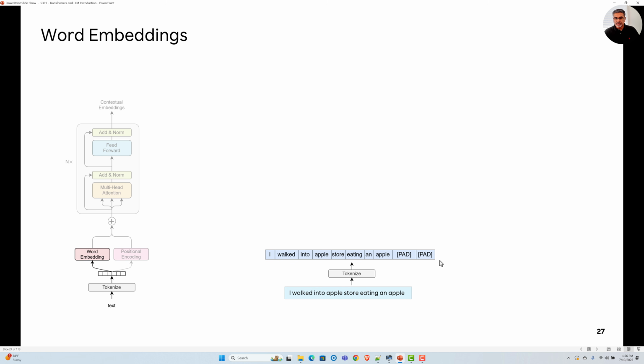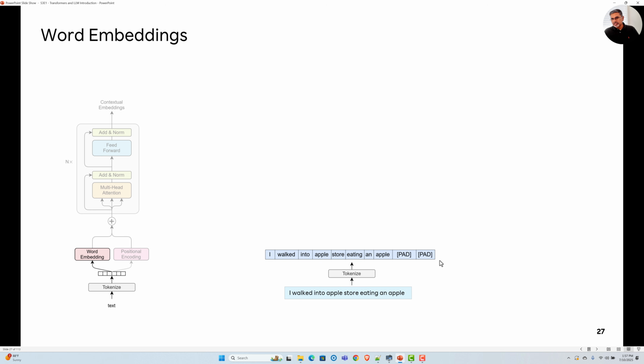So how do you make sure that every text that you feed in has the same length, so that the neural network can be designed to have a fixed number of neurons at the input layer? You do that by first determining the maximum size of input that you would like to feed in. And if a text comes in and it is less than that maximum, then the tokenizer will add these special tokens called pad tokens, which have an embedding value of all zeros, right?